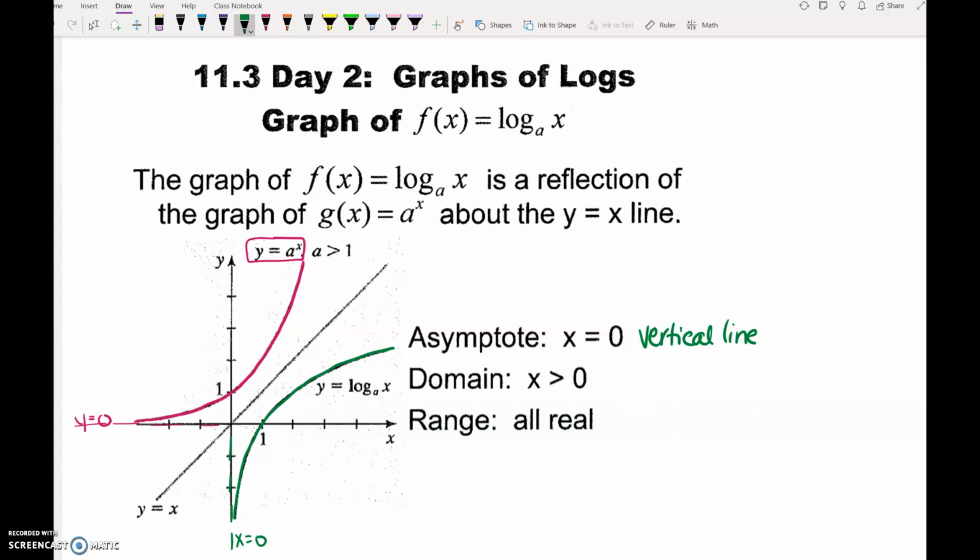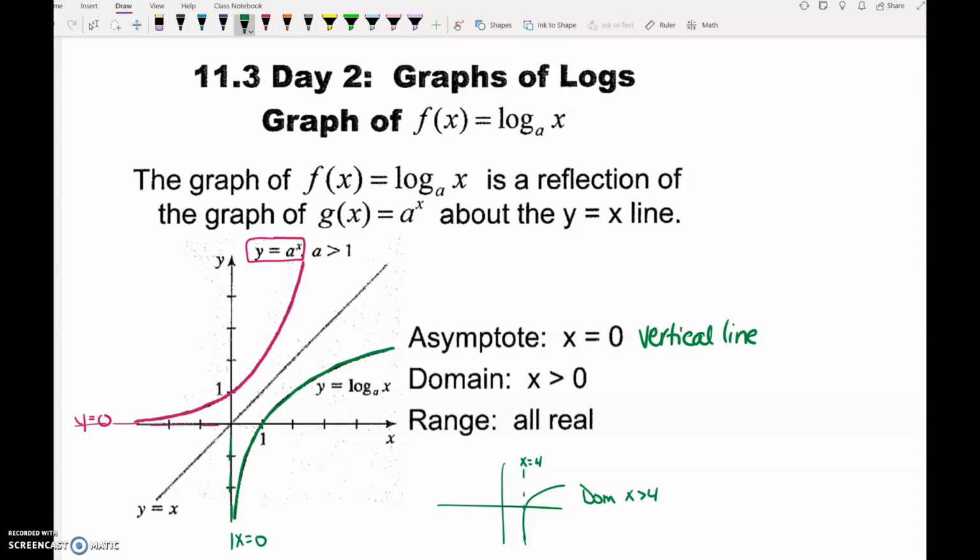So if we were to shift this graph right 4, it would shift the asymptote over to x equals 4, and it would shift that domain to x is greater than 4. So whatever the asymptote is, your domain is going to be x is greater than that.